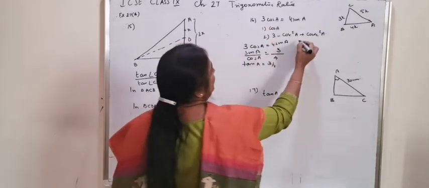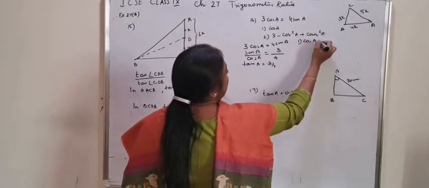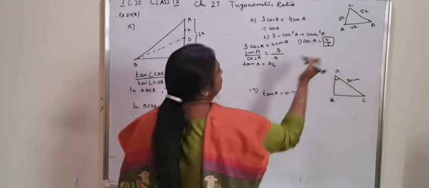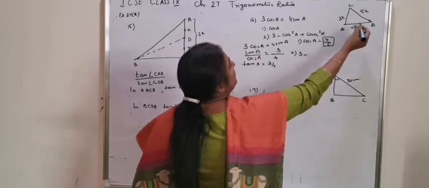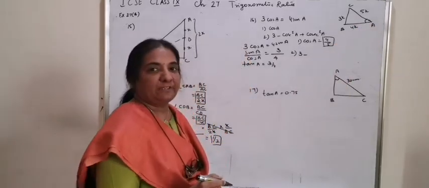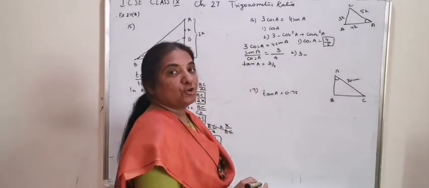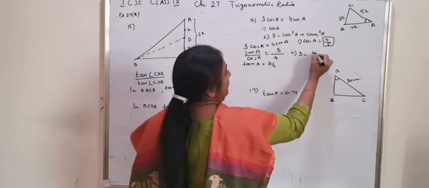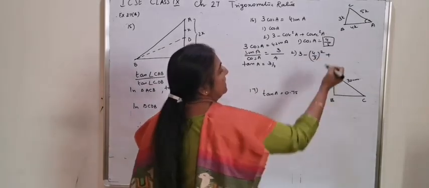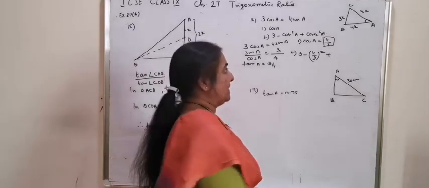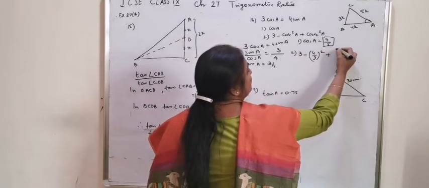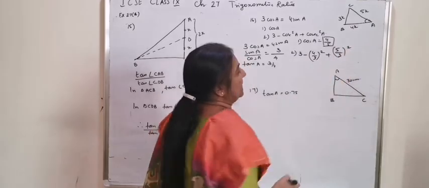Substitute the value. The first one is cos A is equal to 4 by 5. The second one is 3 minus cot A. Cot is the reciprocal of tan. Tan A is 3 by 4, so cot A is 4 by 3, the whole square, plus cosec square A. Cosec square A is 1 by sin square A. Sin A is 3 by 5, so it is 5 by 3 the whole square.